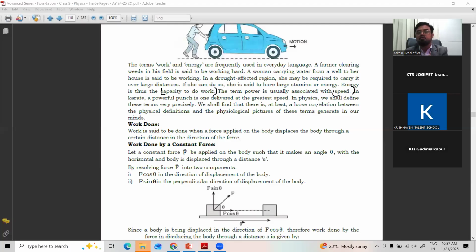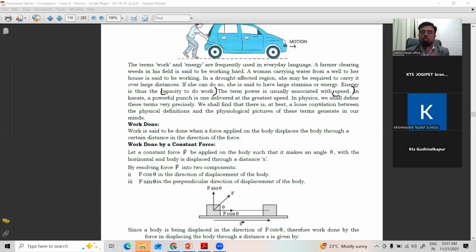Right? Power is usually associated with speed. How fast you are doing work is power. Some work is given to you and 3-4 of your friends. For example, you are in study hour. The same target is given to all the students in a class. Suppose they are given 4 problems. So they started doing the problems. One person will complete all 4 problems in a study hour. One completed only 3.